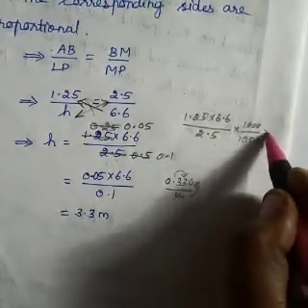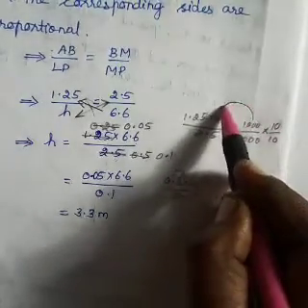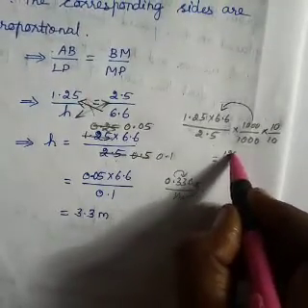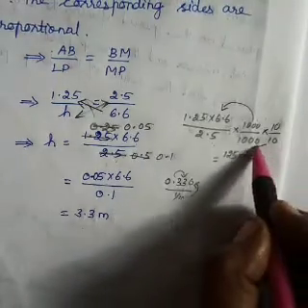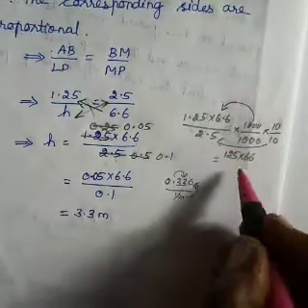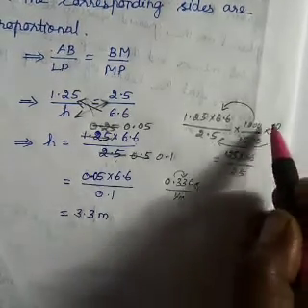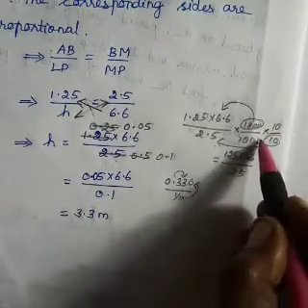So multiply and divide by 10. Okay, for multiplying 1000, this decimal point will move. So you will get the numerator as 125 into 66. Okay, then multiplying this 10 with this 2.5, you will get the denominator is 25. Okay, so except this and this 10, remaining numbers you can cancel.